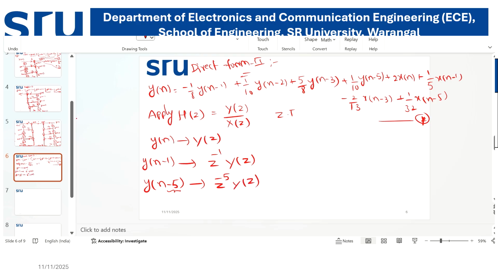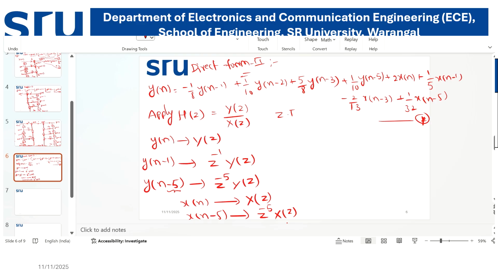Similarly, on x(n), if I apply the z transformation, x(n) becomes X(z). Then x(n-5) if I apply, that will become z^-5 into X(z).